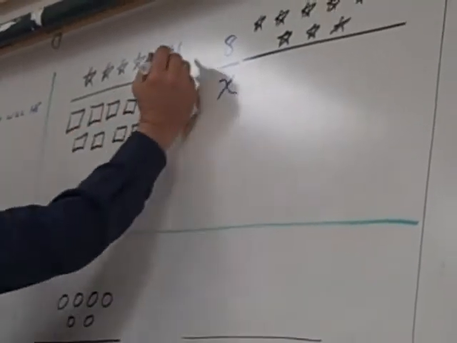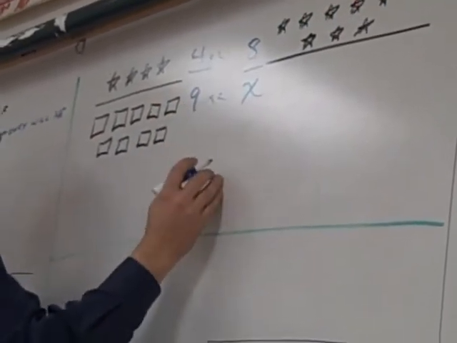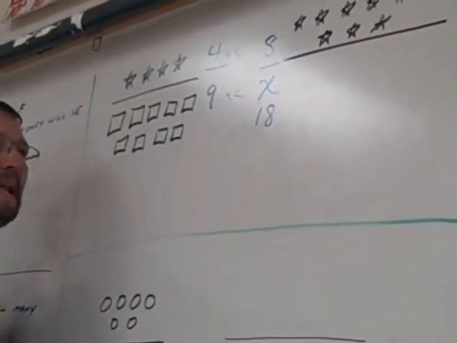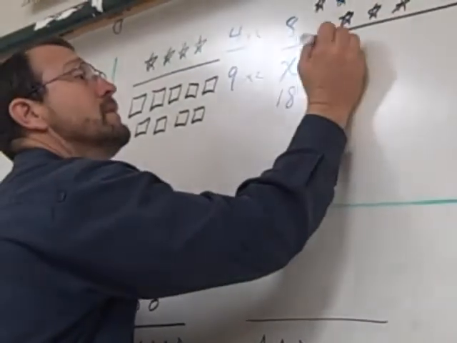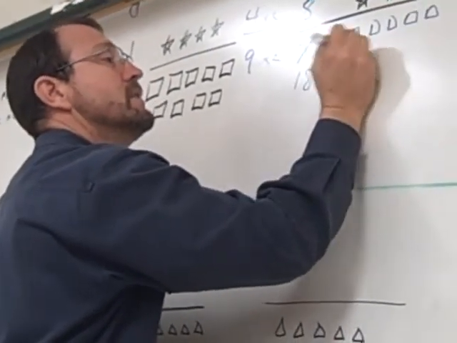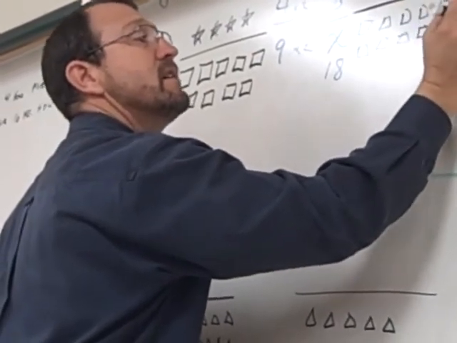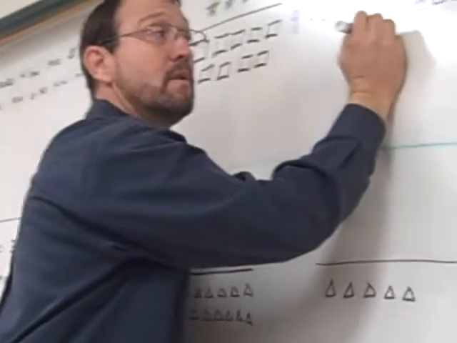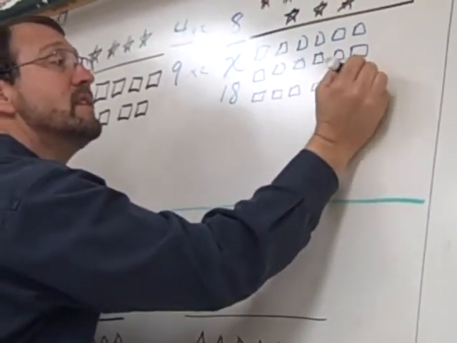How do we work this? Times 2? So, I need 18 squares. 1, 2, 3, 4, 5, 6. 1, 2, 3, 4, 5, 6. 1, 2, 3, 4, 5, 6.